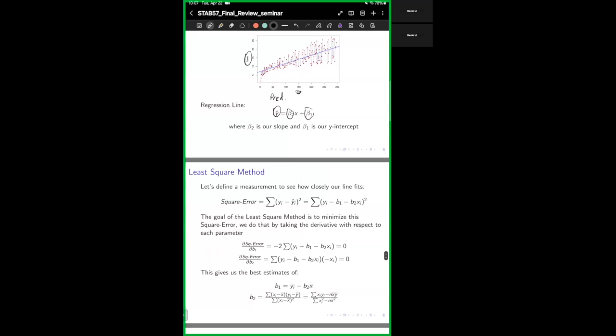b1 is equal to y bar minus b2 x bar. And then b2 has the following formula: the sum of (xi minus x bar)(yi minus y bar) over the sum of (xi minus x bar) squared, which is alternatively equal to the sum of xi yi minus n x bar y bar over the sum of xi squared minus n x bar squared.